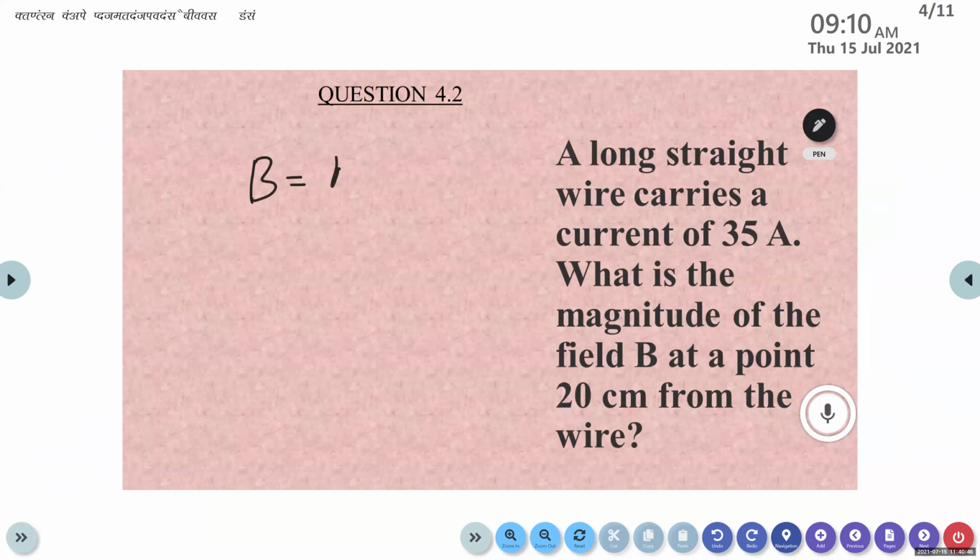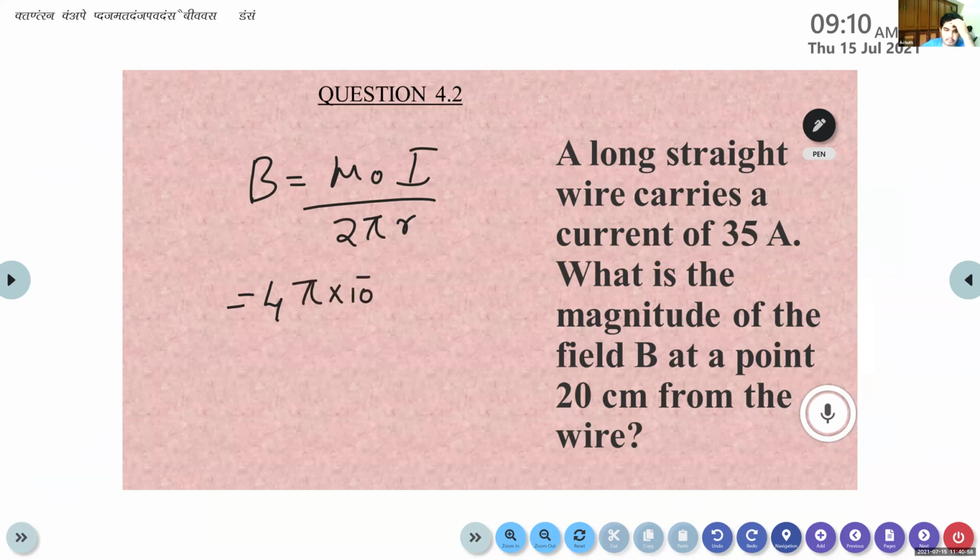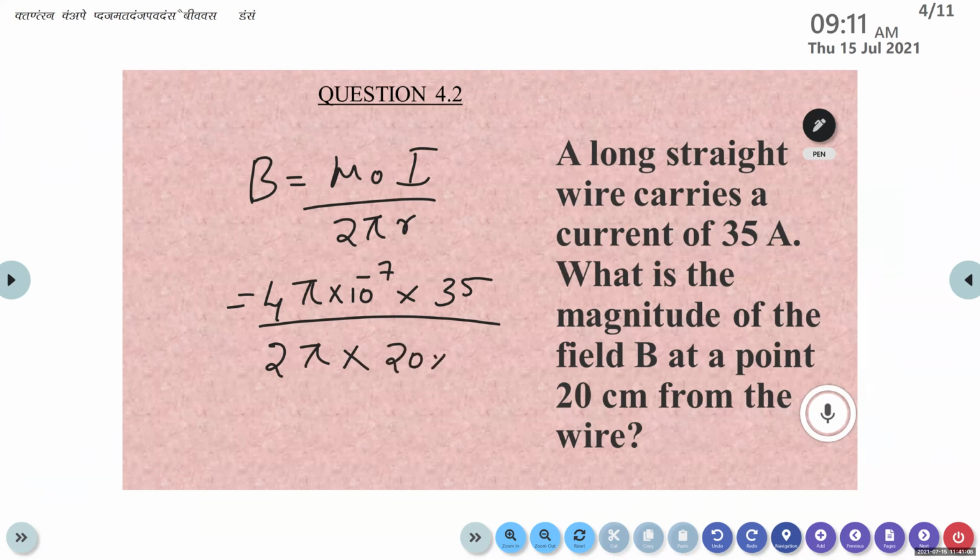So here we have B is equal to mu 0 I divided by 2 pi r, that is equal to 4 pi into 10 raised to minus 7 into 35 divided by 2 pi into the distance between the point, which is 20 centimeter, so 20 into 10 raised to minus 2 meter. Here we can cancel this.